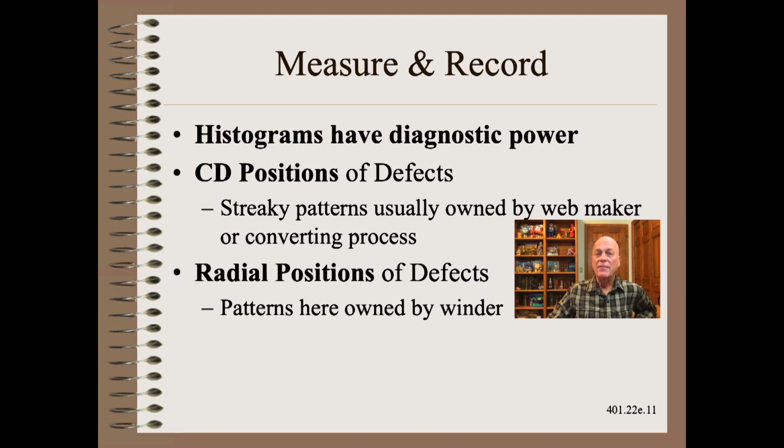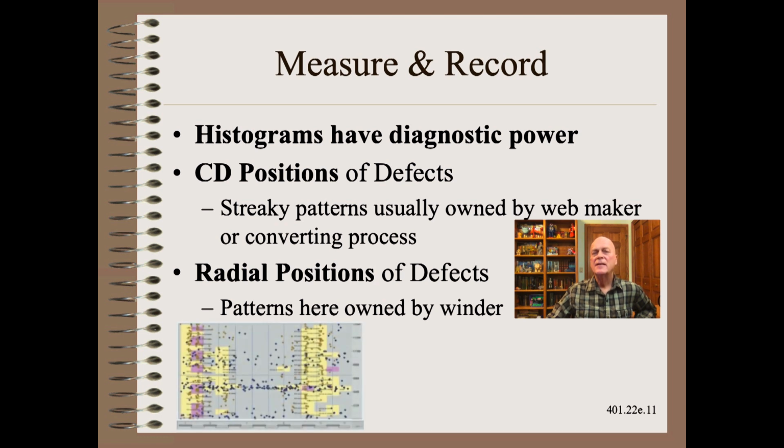Histograms are a chart of frequency versus position. Histograms have tremendous diagnostic power. Histograms are easy to do for most web defects. The CD centerline positions of defects can be measured and recorded to troubleshoot problems with the upstream web maker or the web converting process.